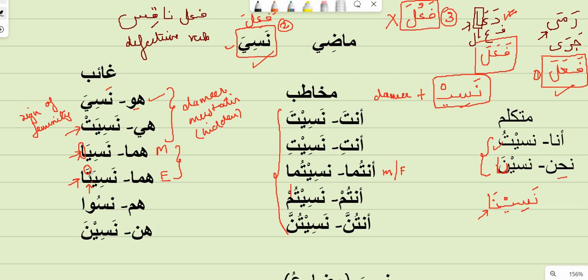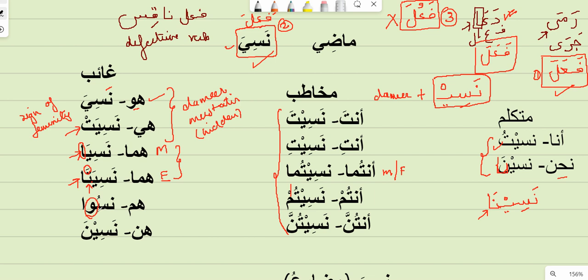Remember that ta tanis is not the damir, it's just the sign of femininity. The damir in the dual form is the alif muthanna. When you do the irab, you write the damir is the alif muthanna and ta is the ta tanis. Hum in here you can see the visible waw al jama. The names I'm giving for the damirs are very important.